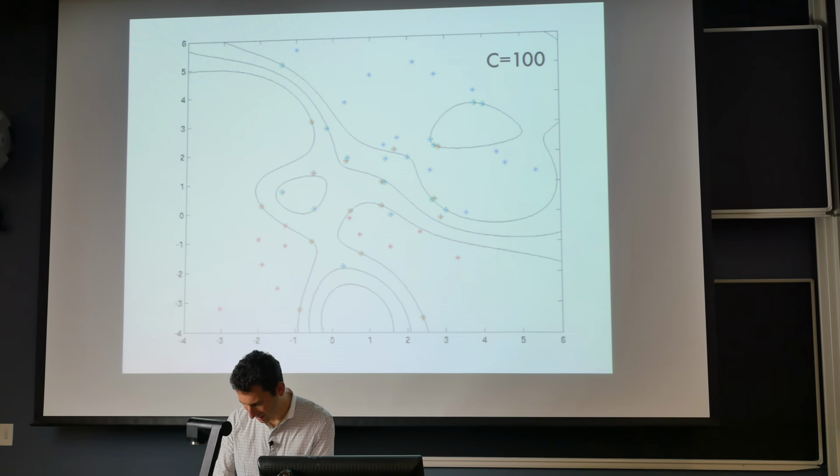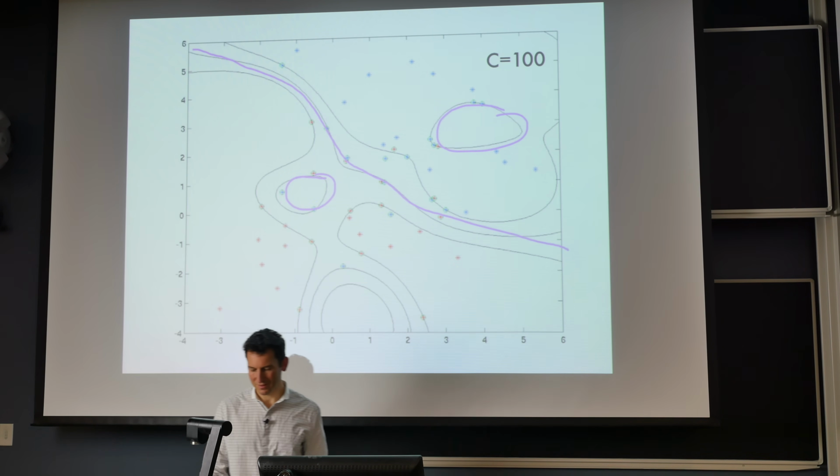Because if you look at that, that's how it's going to separate it. And then I have another boundary here and another one somewhere there, right? So something went horribly wrong.